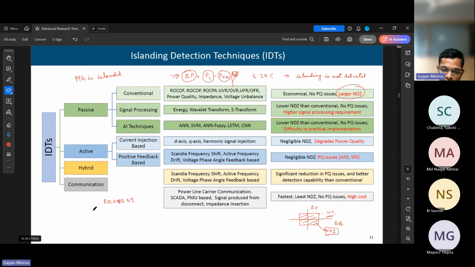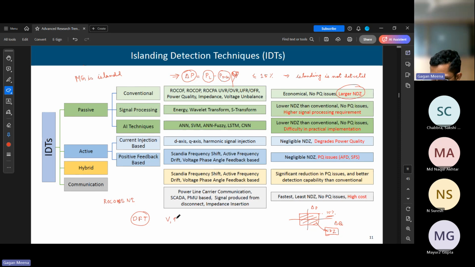So here what we do is, in the last class we saw this DFT technique, the discrete Fourier transform for phasor estimation.